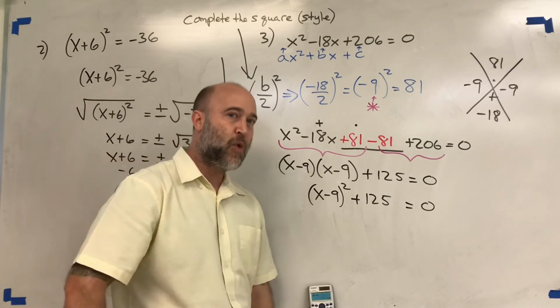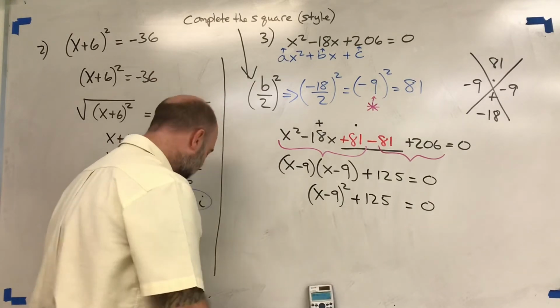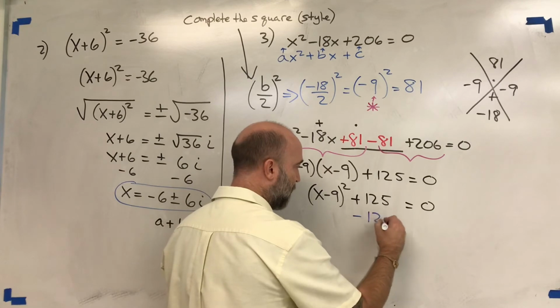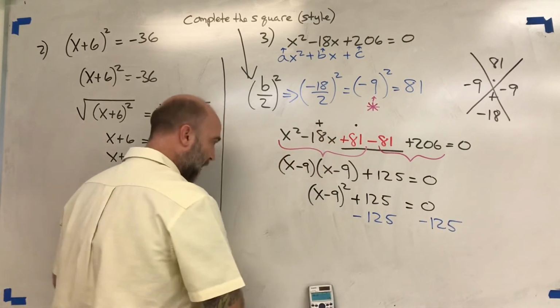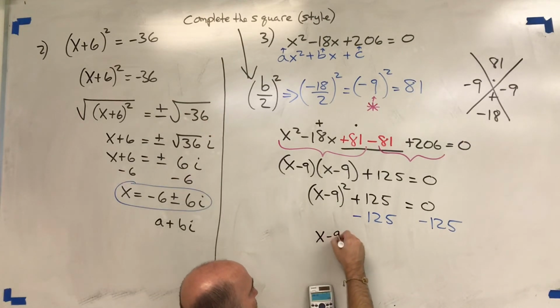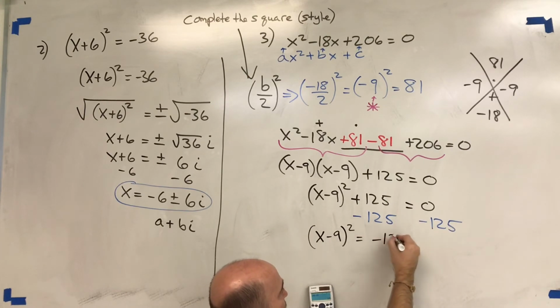In reverse order of operations, addition and subtraction comes first. So I get rid of that plus 125. Minus 125, minus 125. Now I have x minus 9, quantity squared, equals negative 125.